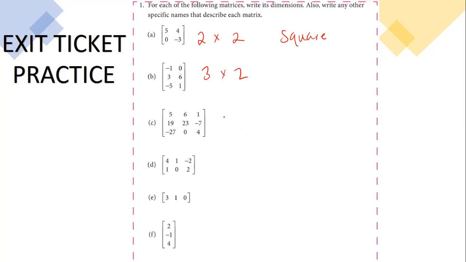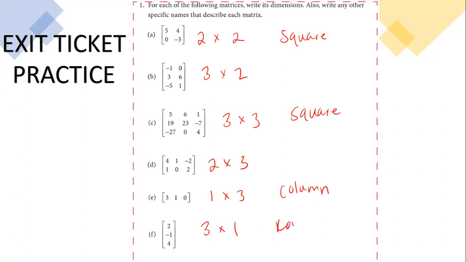C? Perfect. What about D? What about E? It's a 1x3 and it's a what? Good job. And then F. There you go. How do we feel?